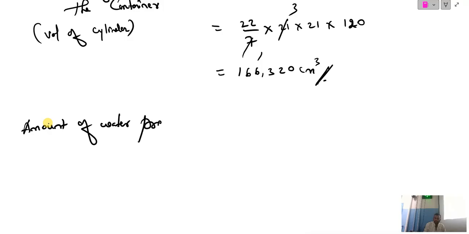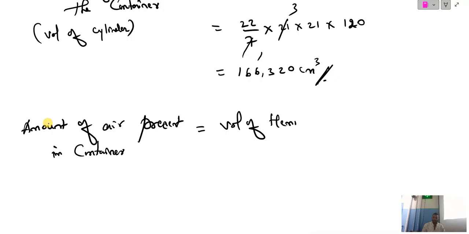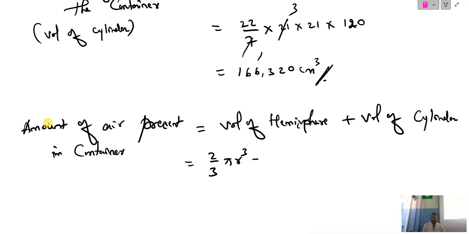present in the container is equal to volume of hemisphere plus volume of cylinder. Now what is the volume of hemisphere? 2 by 3 pi r cube plus volume of cylinder pi r square h.